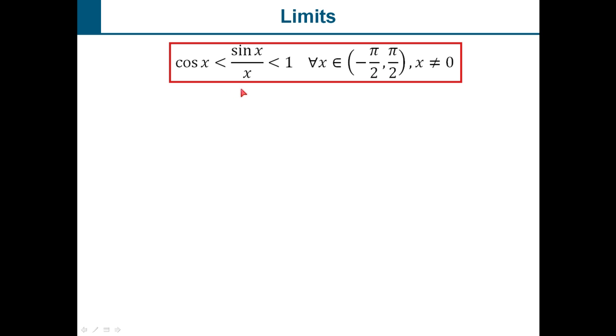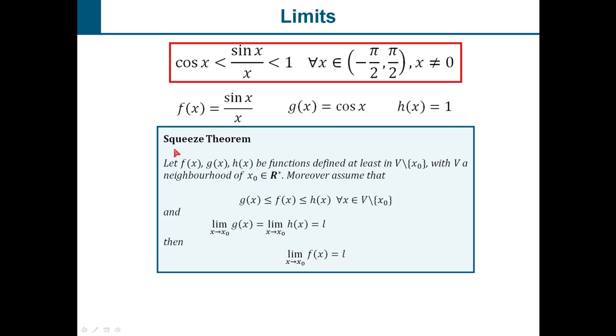Starting from these inequalities, let's define the functions f of x as sine x over x, the function g of x as cosine x, and the function h of x equal 1. Let's recall the squeeze theorem.